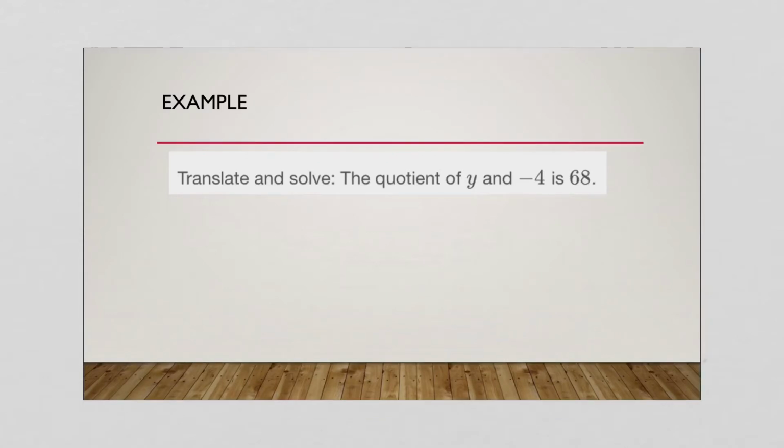All right, on this one, we're going to translate and solve again. Quotient means divide. Is means equals. So quotient of y and negative 4 is 68. So we multiply both sides by negative 4. Those cancel.